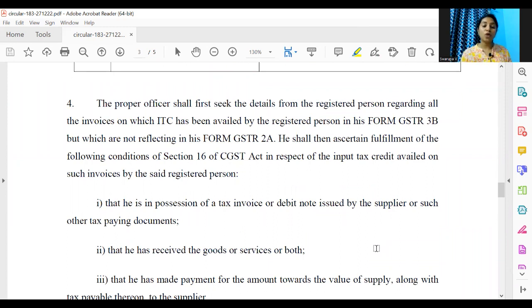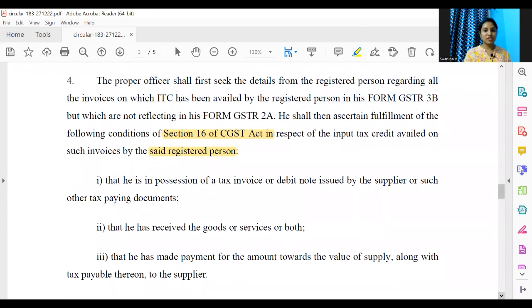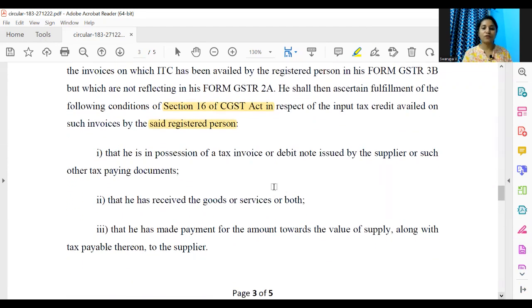But for the proper officer to allow this credit, he has to ascertain whether the conditions in Section 16 of the CGST Act have been satisfied by this registered person. So how will he verify? He has to ensure that the registered person is in possession of the tax invoice copy, that he has received the goods and services, and that he has made payment to the supplier.